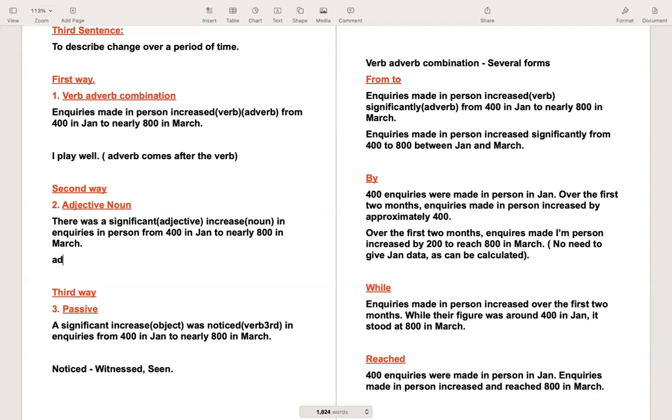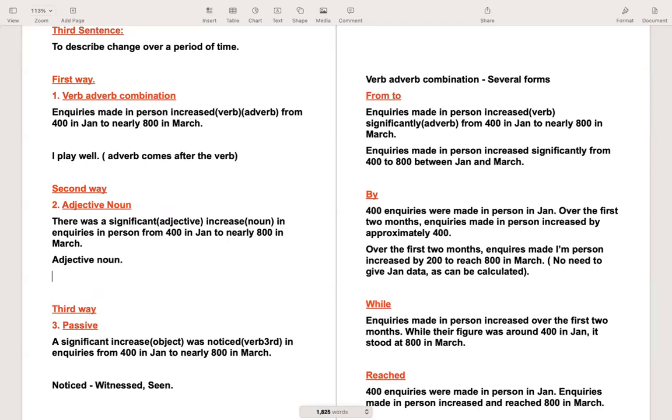First, you write the adjective, then you write the noun. For example, he's a good person. What is an adjective? Let's go slowly. An adjective is a word that qualifies a noun. Person is a noun. What type of a person is he? Good. Good is the adjective.